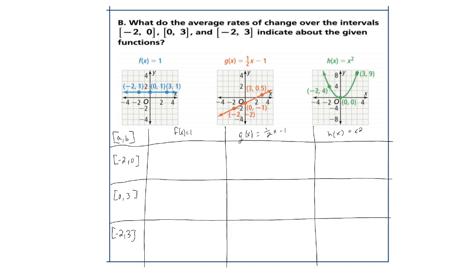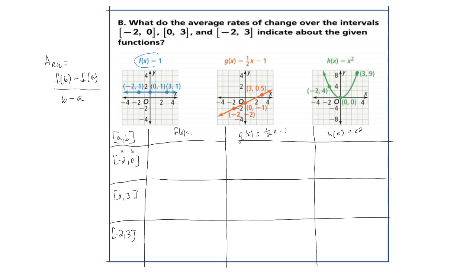All right, so remember our average rate of change is equal to f of b, so the y value when you substitute b in, minus the y value when you substitute a in, all over b minus a. So in our first one, this is our a, this is our b.